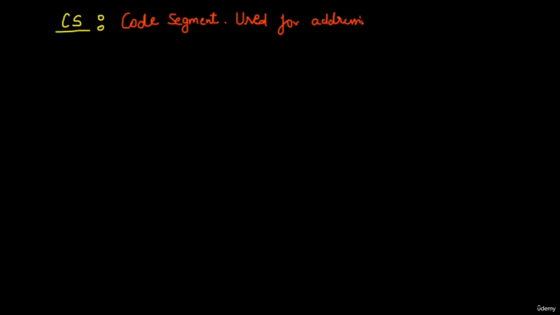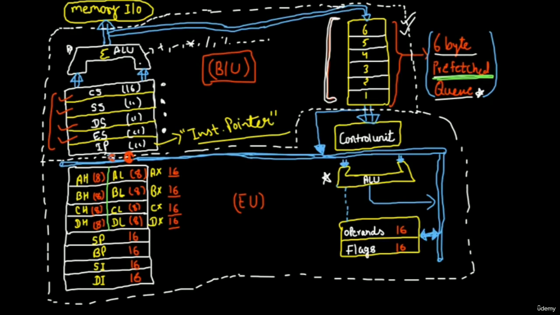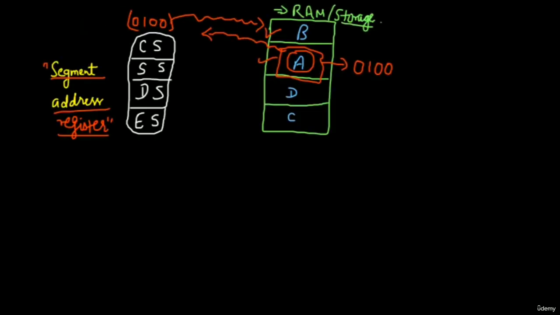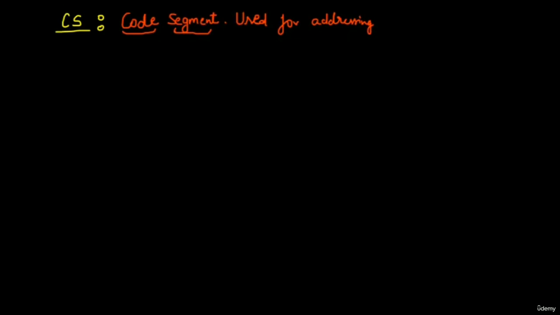Just try to guess it by the name. The code is your hint. The segment is just a piece. So code is your hint, and it is the address register. I'm repeating it so that you can come to the conclusion in your own way.